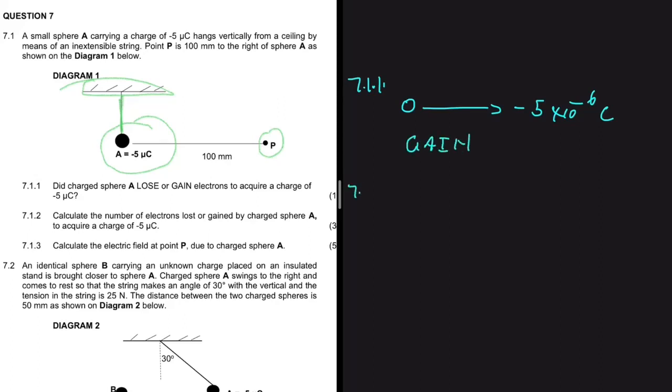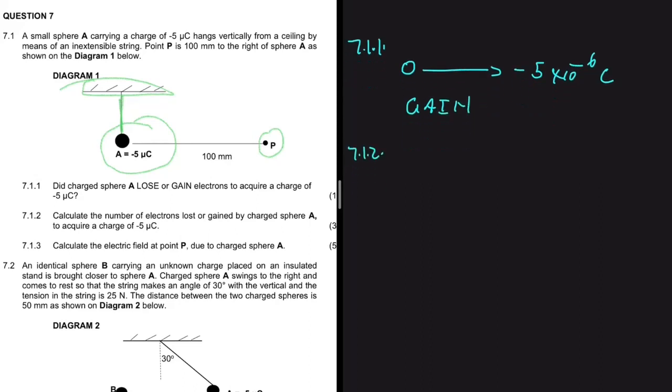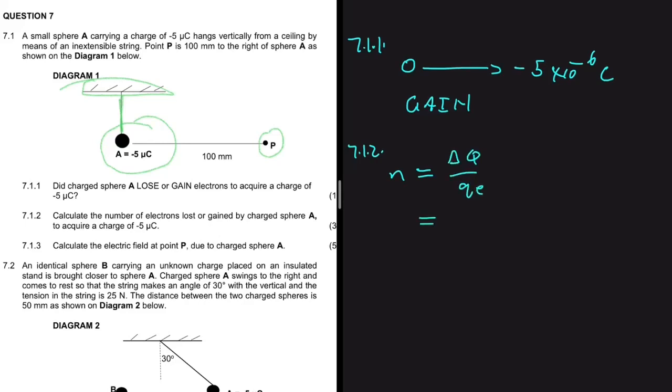And then 7.1.2 says, calculate the number of electrons gained or lost by sphere A to acquire a charge of minus 5 microcoulombs. The number of electrons gained or lost is equal to the change in the charge of the sphere divided by the charge of an electron. So this change is the final charge, minus 5 times 10 to the minus 6, minus 0, since initially it was neutral.